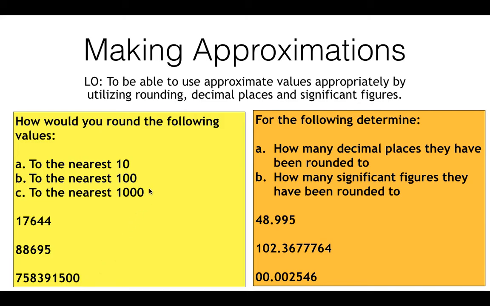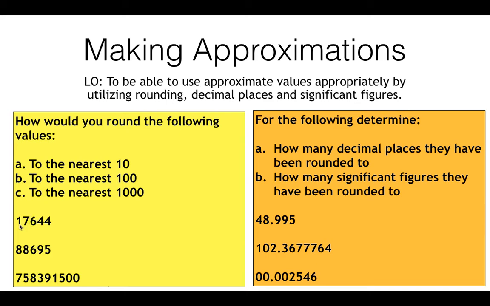Okay, and finally to the nearest 1,000, so it needs to have 3 zeros at the end. So all of these values here are going to become 0. So I'm deciding whether I'm going to have 17,000 or 18,000. Well, in this case, I'm looking here and I'm thinking, right, this number here, it is more than 500. This value is more than 5.